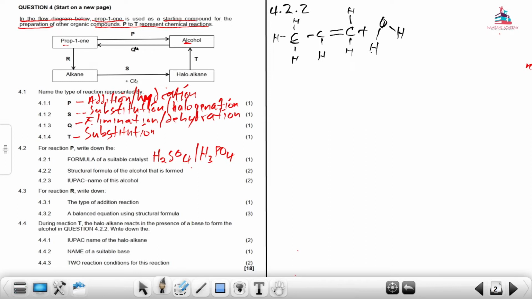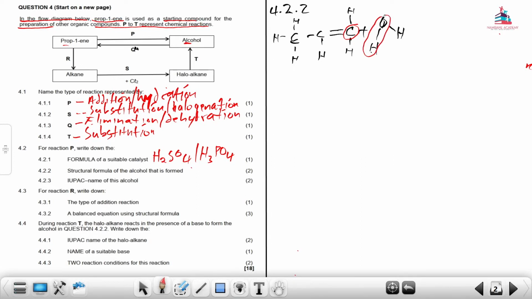So if we have a carbon like this carbon here between the double bonds, this carbon will receive more hydrogens. So it's basically the principle of the richer will get richer. So in the double bond, if I have more of the hydrogens, I'm going to receive more of the hydrogens.